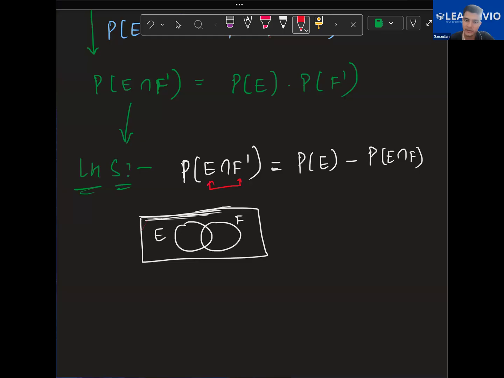F dash होगा ये जितना भी टोटल एरिया है except F. And your E is this part. So इसका जो इंटरसेक्शन होगा वो क्या होगा? That will be ये जो प्रोबेबिलिटी ऑफ E है, ये टोटल प्रोबेबिलिटी E में से ये जो इंटरसेक्शन वाला पार्ट है ये रिमूव कर देना. Got it?